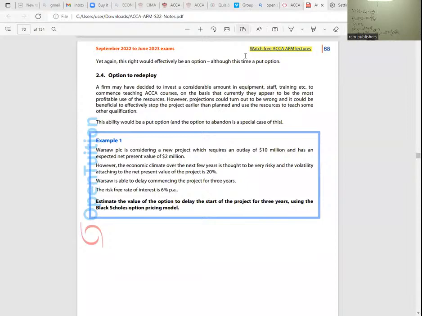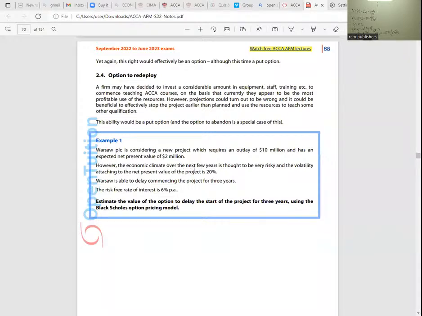It is standard deviation. You guys are very bright. Volatility is standard deviation. Please write that somewhere in your mother tongue. Volatility is the same as your standard deviation, which is 0.2.